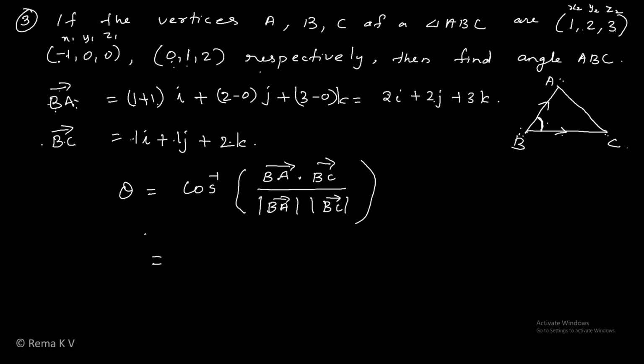What about the dot product? Vector BA dot vector BC is 2 into 1 plus 2 into 1 plus 3 into 2. So the dot product is 10.